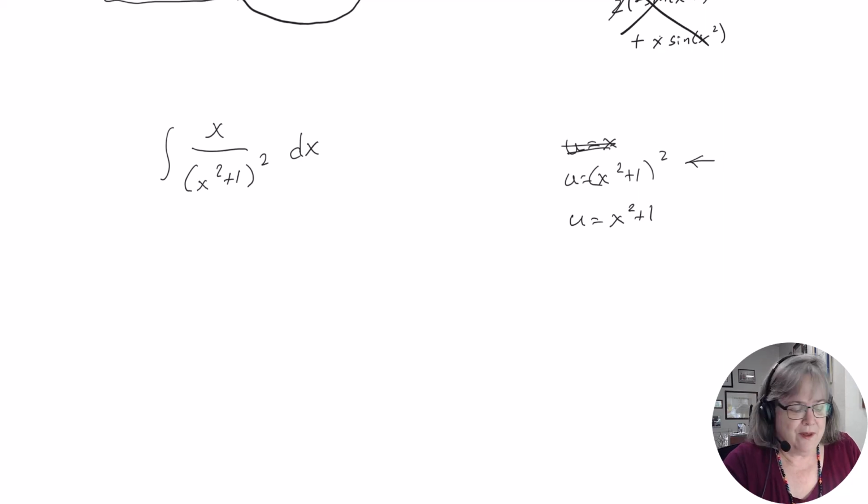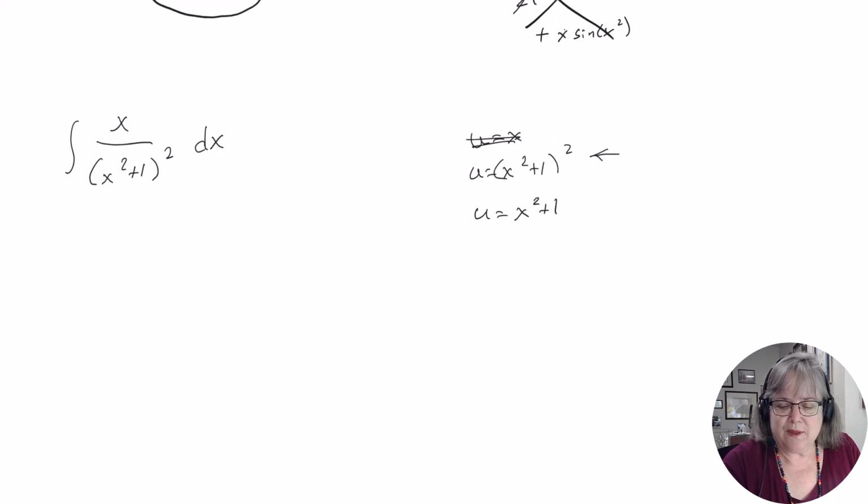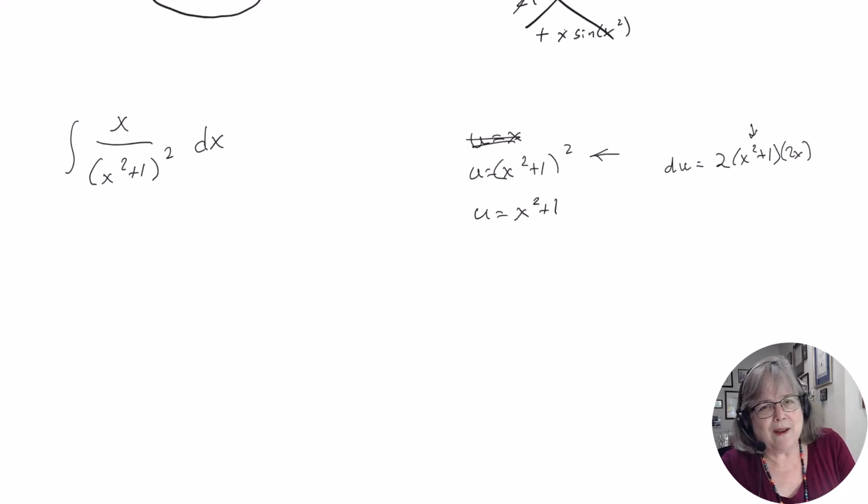All right. If you do this whole u is equal to x squared plus 1 squared, then du is going to be something like 2 times x squared plus 1 to the first times 2x, and that would require me to have another x squared plus 1 in addition to the one I've got, which I don't have. So I hope that this will make more sense if you'll come back and read and listen to this part again when we get to the end.